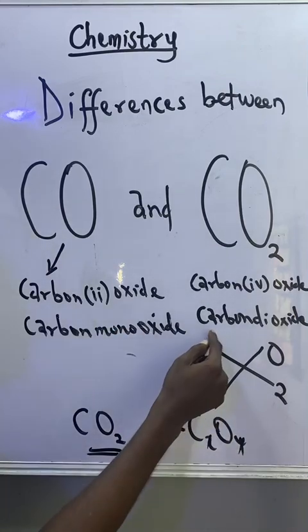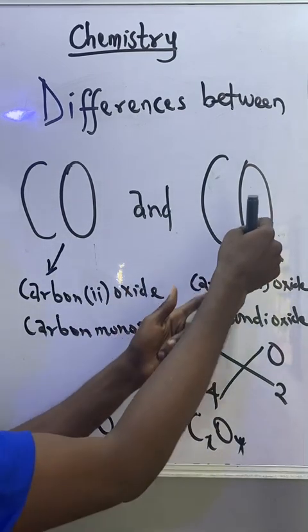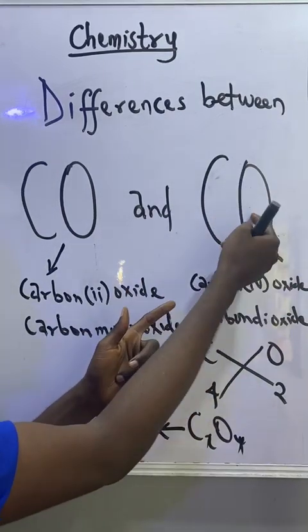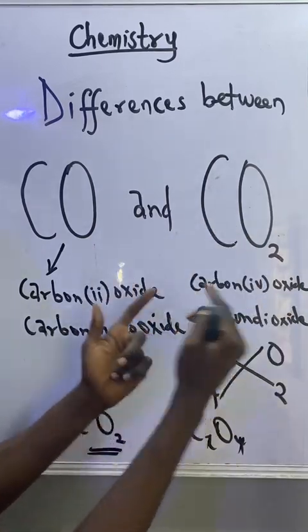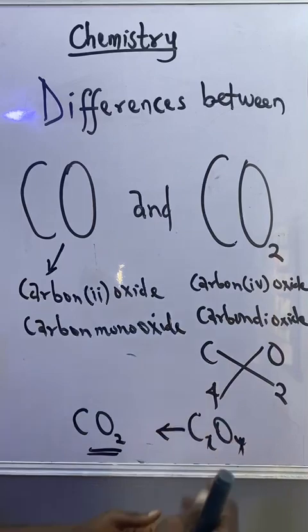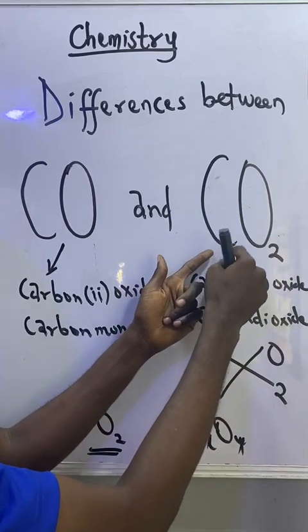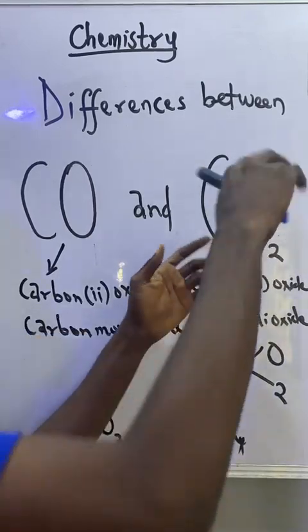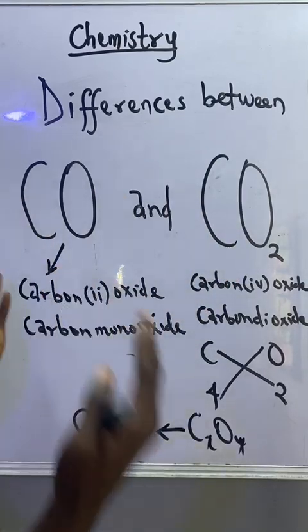And then why do we call it carbon dioxide? If we check the atoms of oxygen here, we have 2 atoms of oxygen and 1 atom of carbon. Because we have 2 atoms, 2 stands for di, 3 stands for tri, 4 stands for tetra. So that is why this is called carbon dioxide.